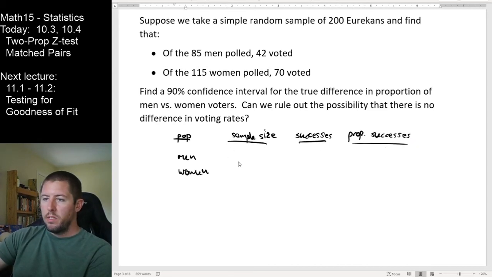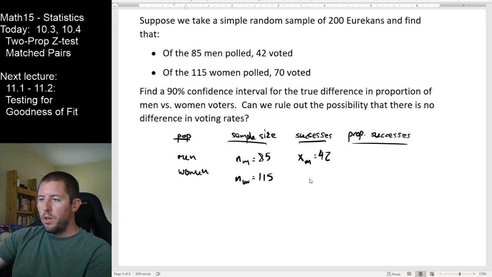All right, so our sample size: our n for men is 85, as 85 men were polled. Our sample size for women is 115 women polled. Our number of successes for men was 42. Our number of successes for women was 70.